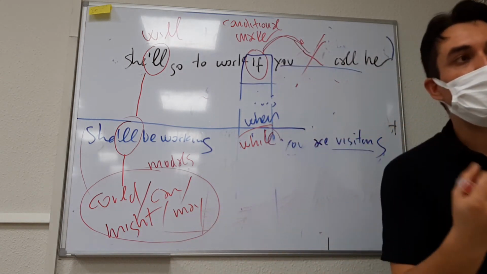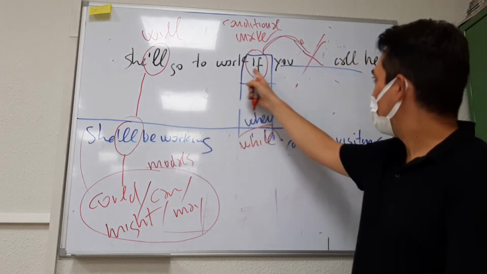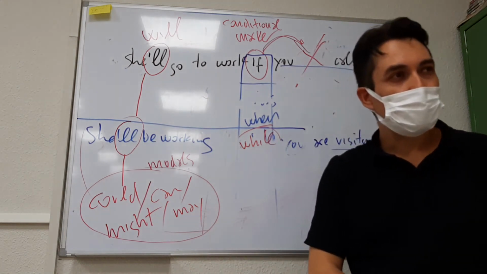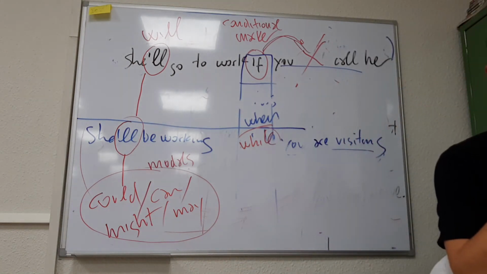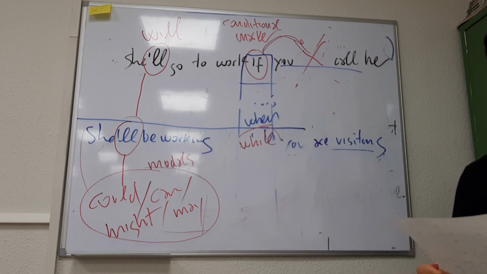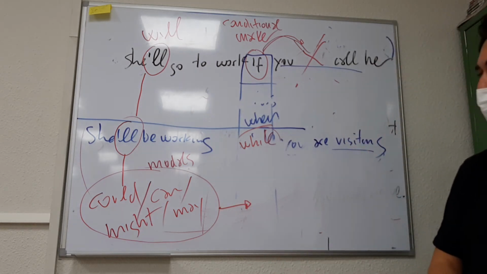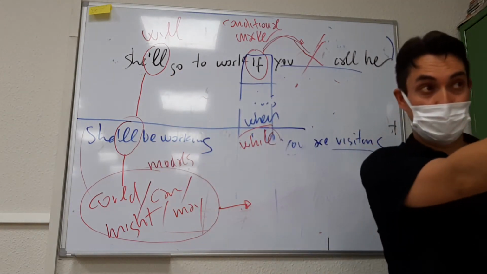And what is the change in meaning between she will go to work if you call her, and she could go to work if you call her? Both of them are correct, but is the meaning the same? No, it isn't. What is the difference? Probability. So what do these modal verbs express when you put them here?